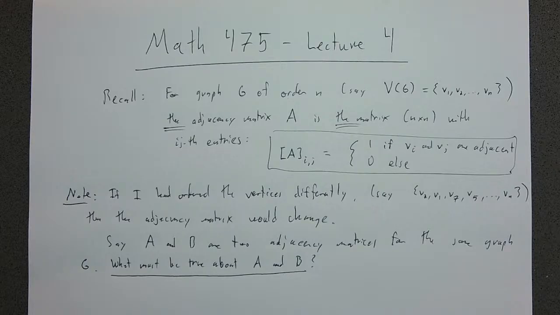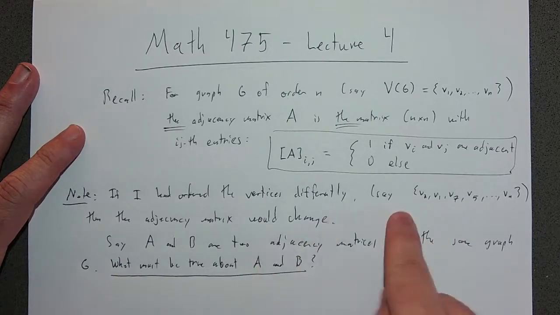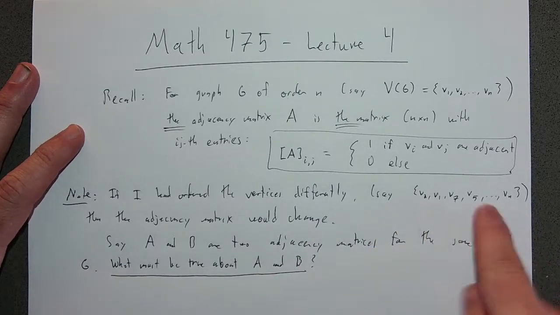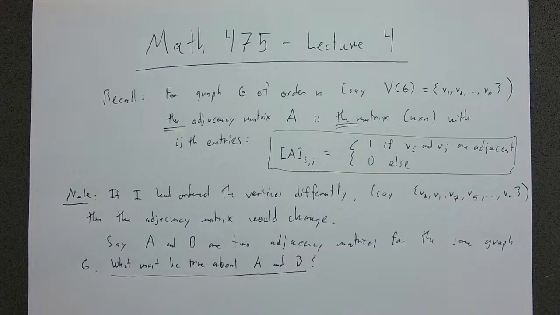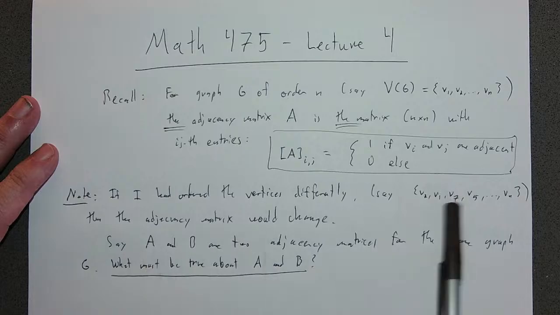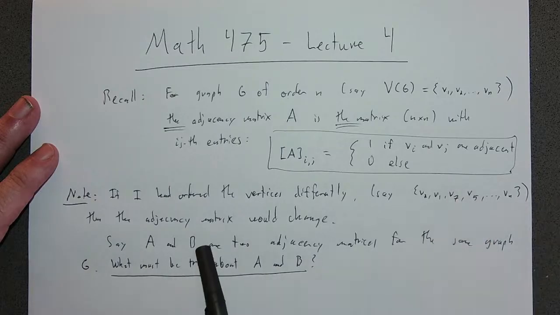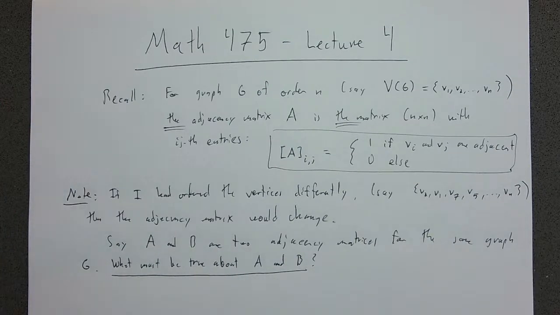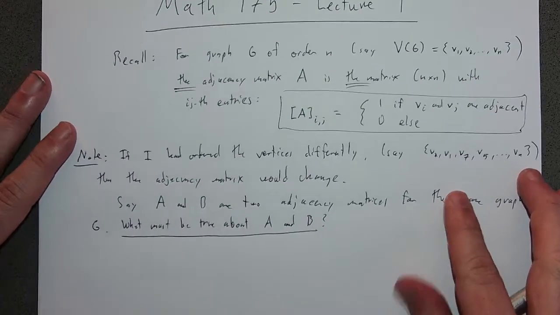Well, however this permutation has been applied, going from the vertices corresponding to the adjacency matrix A and the permutation from that set of vertices giving rise to adjacency matrix B, that same permutation applied to the rows and columns of the matrix gets you B. So what must be true?